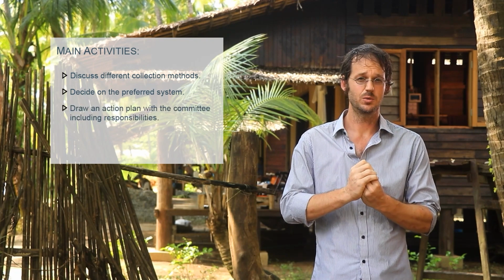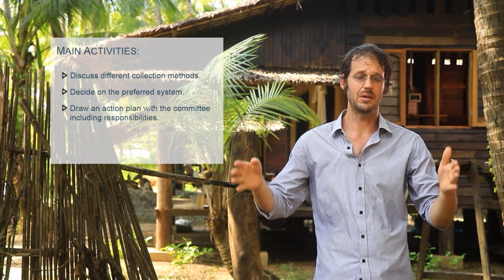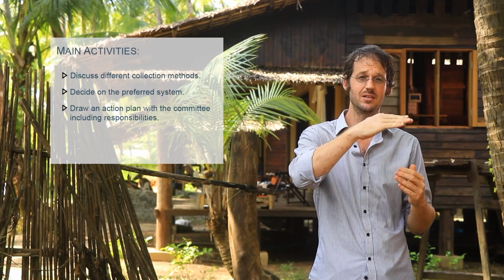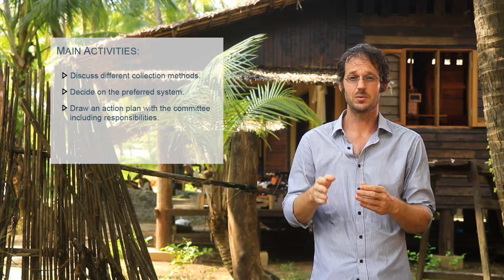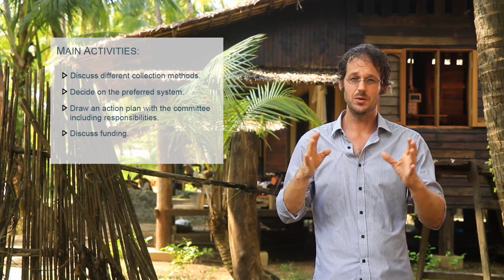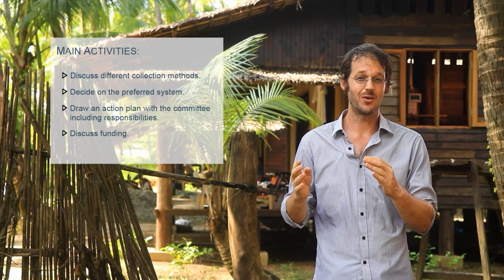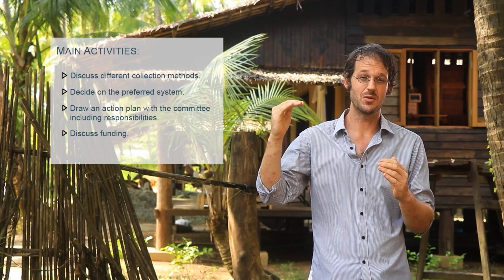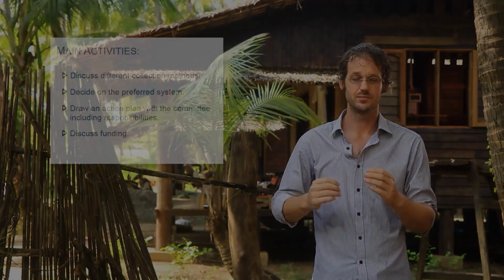When you are clear with that, you will move into action planning. So you draw a plan where you clearly define: this is the actions we need to take, who will do it, how it will happen, and when it will happen. After you are clear with your activities, you then start talking about funds. So how will you actually fund the different activities you want to have?